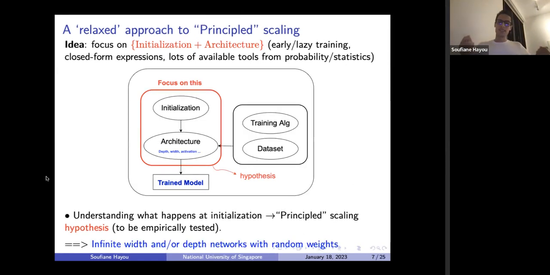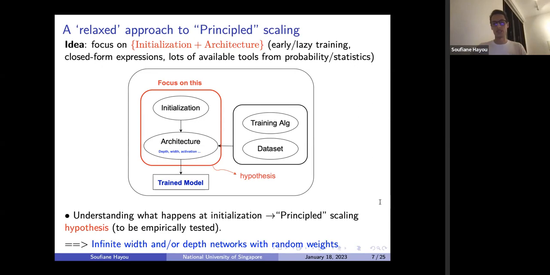Now we want to understand what happens when we increase the width or depth in a neural network, so that we can derive some principled scaling hypothesis. An interesting thing to look at is what happens when we take the width to infinity, or the depth to infinity, or both at the same time, with random weights.